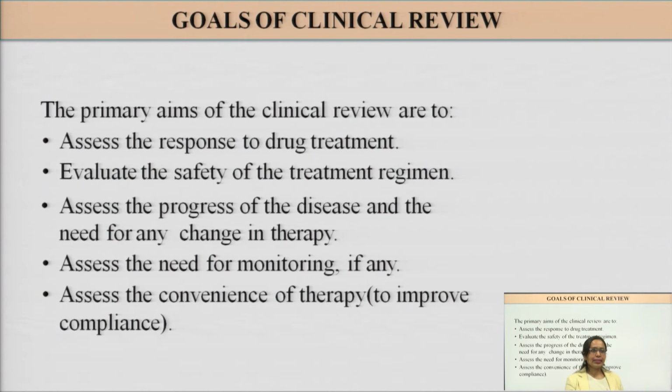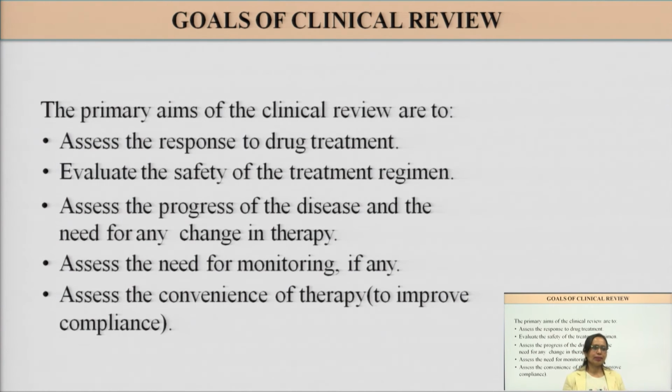And next is assessing the progress of the disease and the need for any change in the therapy during the treatment procedure, right. If the patient is taking any medication, is there any need to change the medication, or is there any need to add some other medication?